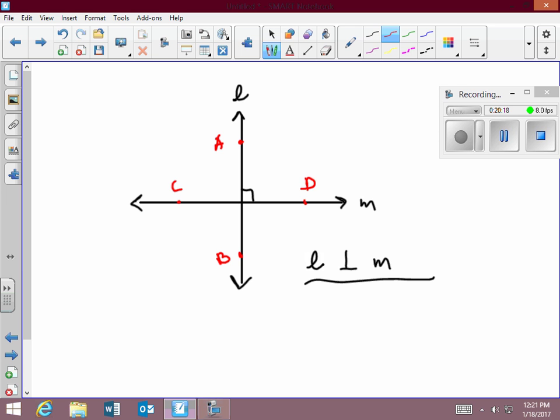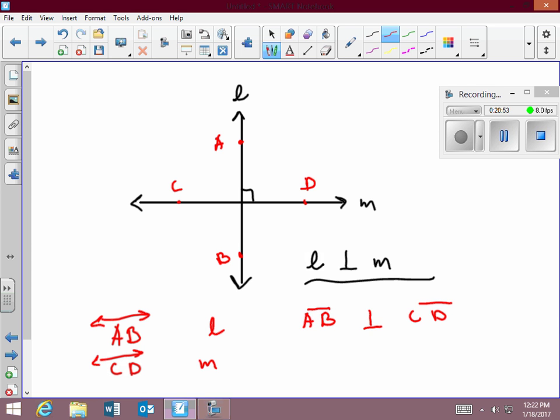And you could say AB like this, and that would be equivalent to saying line L. And then you could say CD and draw an arrow both ways, and that's equivalent to saying line M. Or you could say AB, that line segment is perpendicular to the line segment CD.